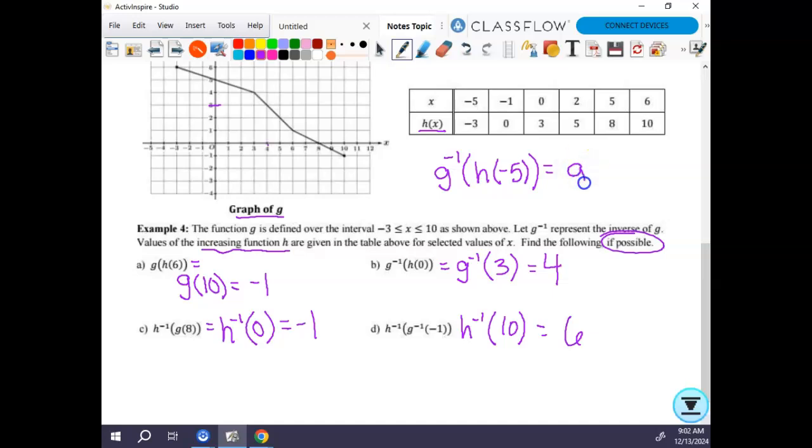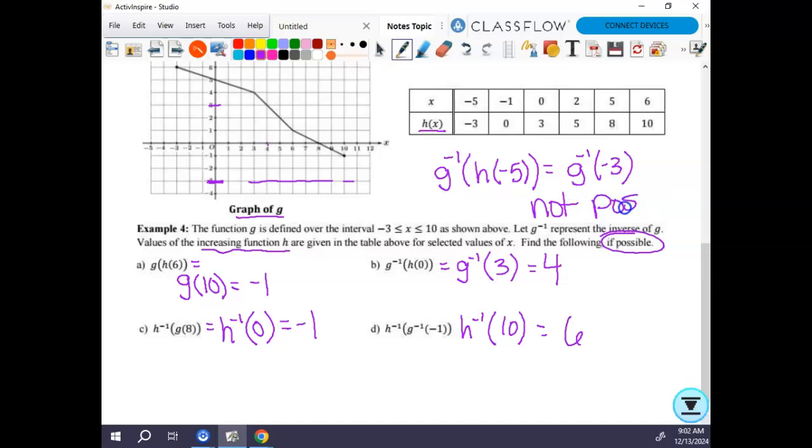All right, so then I'll need g inverse of -3. What is g inverse of -3? If I go here, do I have an x value on my function there? No. So this is not possible.